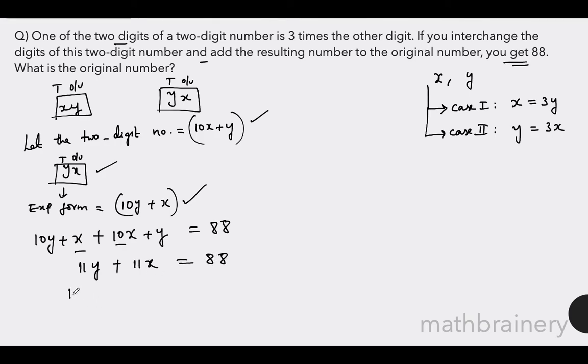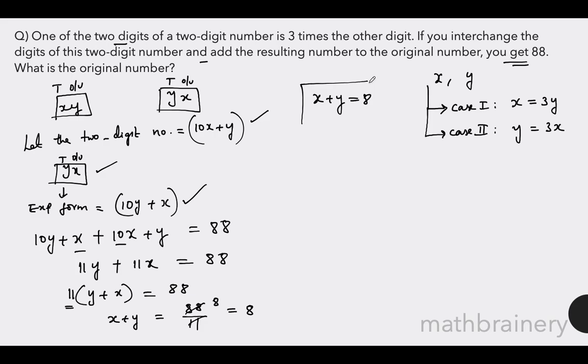Let me take out 11 common from this. 11 times y plus x is equal to 88, or y plus x or x plus y, both are the same. So x plus y is equal to 88 divided by 11. When I transpose this 11 to the right hand side, 11 times 8 is 88. So you get x plus y is equal to 8.